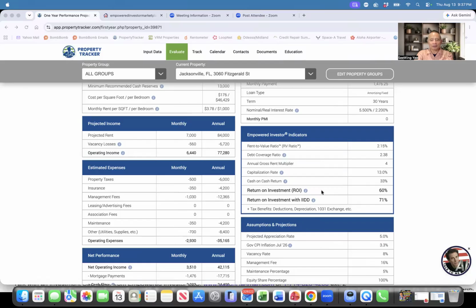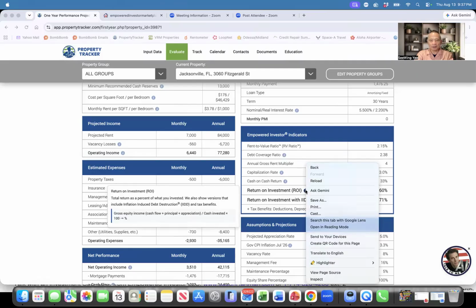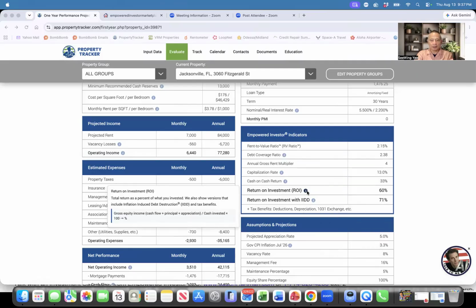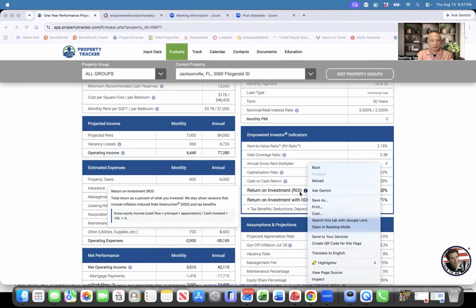So the return on investment, that's so critical, right? The explanation of return on investment is right here. Return on investment is a total return as a percent of what you invested. We show you versions that include inflation-induced debt destruction, IIDD, and tax benefit.